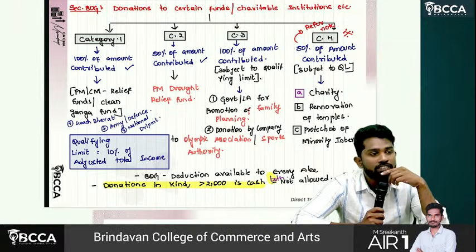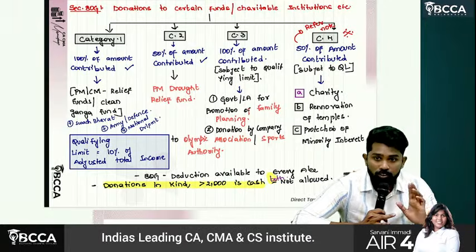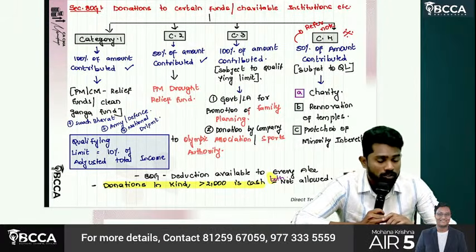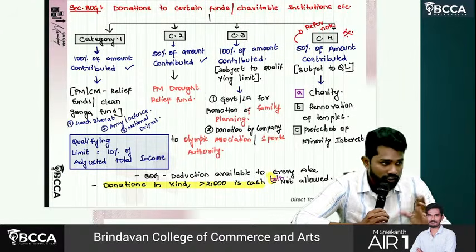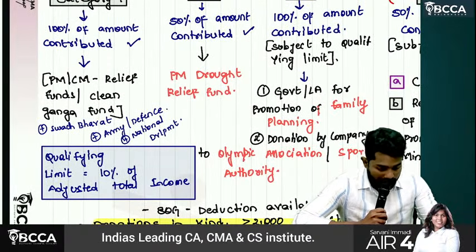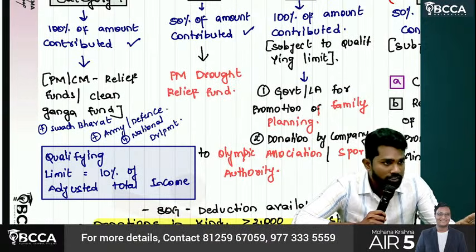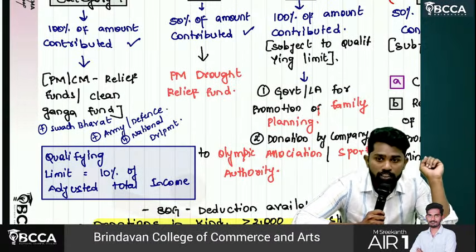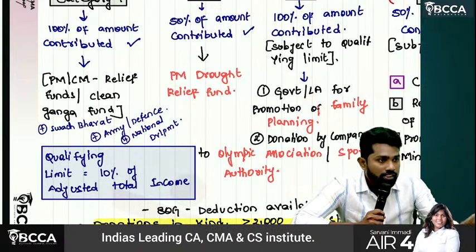Now in category 1, what is covered? The PM and CM relief funds, National Children's Fund, Swachh Bharat Kosh, Clean Ganga Fund, and Army and defense related funds. All these are covered under what? Category 1, 100% deduction. Category 2, only one fund is there, sir: PM Drought Relief Fund. Category 3 again, 2 are there.